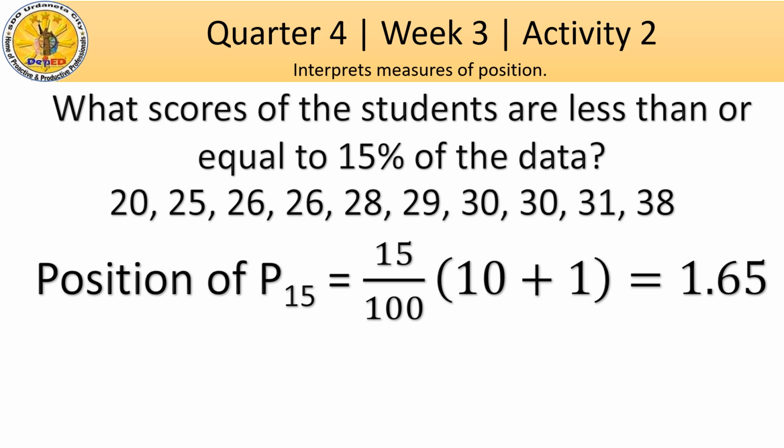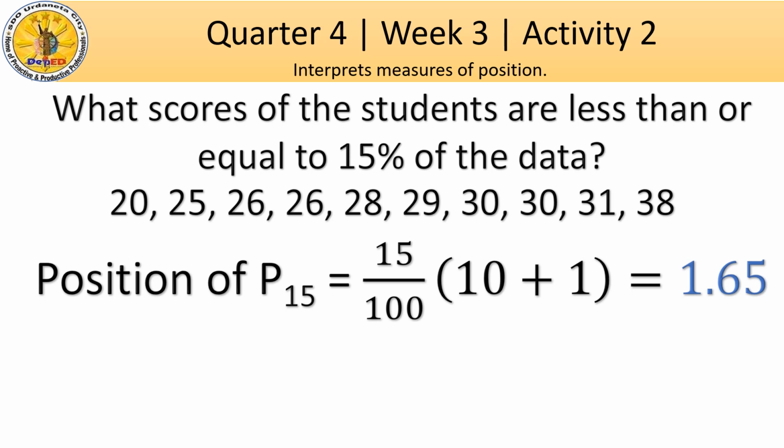You cannot only just count 1, 2, 3, 4 and determine already the P15 or the 15th percentile. So for this case, we will be doing an interpolation. To successfully apply our interpolation, we will be considering the value that we have computed, which is 1.65. With this 1.65, we will be drawing out another set of details for us to provide the exact 15th percentile.